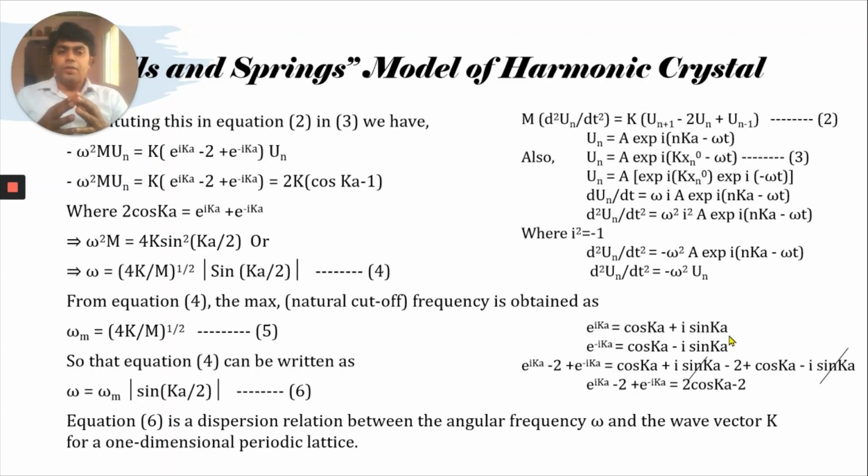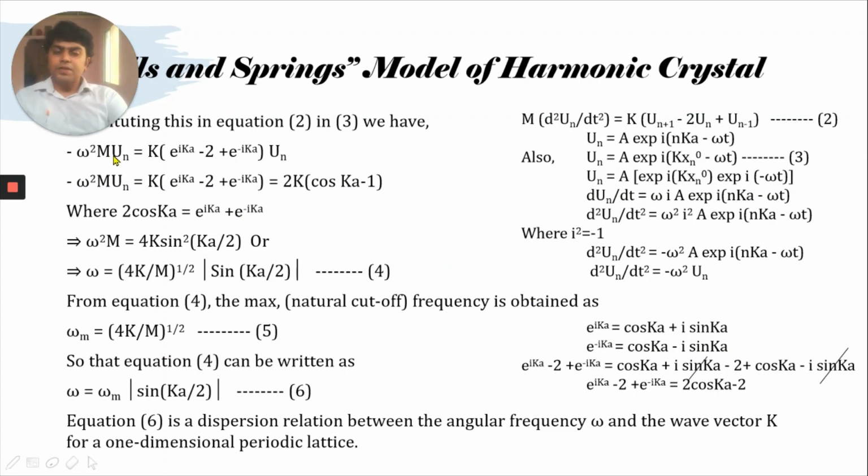Now a exponential i (nka minus omega t) is termed as u of n, because we started from u of n itself. So d square un by dt square equals minus omega square into u of n. Now I'll make use of this expression here.